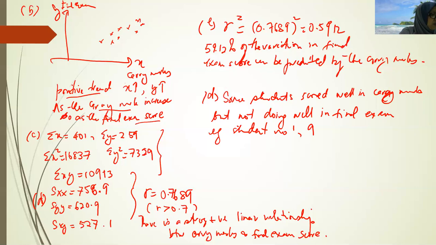Student number 1 scored only 40% in carry marks, X equal to 40, and Y equal to 24, maybe due to some problems during the final exam. Student number 9 also has a very good carry mark, 49 out of 60, whereas in the final only scored 29. So this is a particular example.